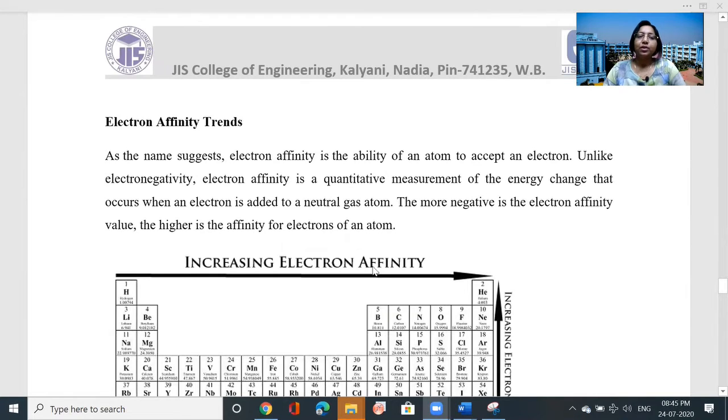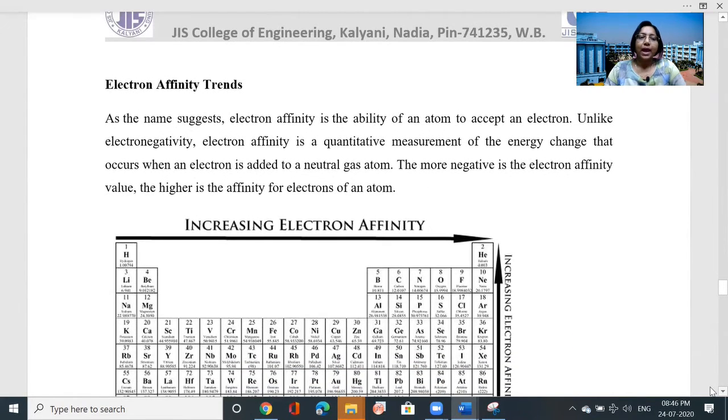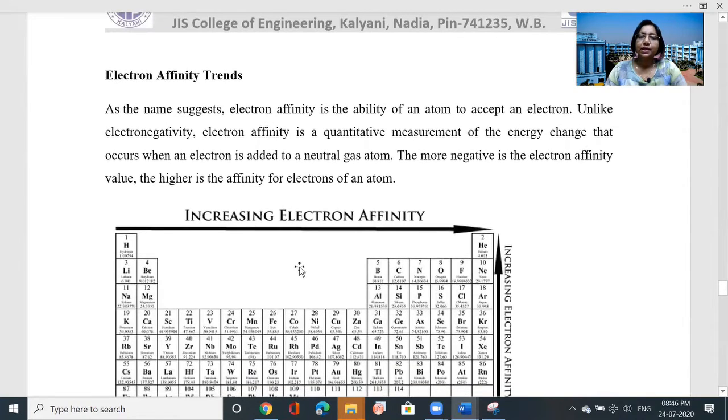Next, the electron affinity trends. So what is electron affinity? As the name suggests, electron affinity is the ability of an atom to accept an electron. So the affinity towards the electron, that is the electron affinity.